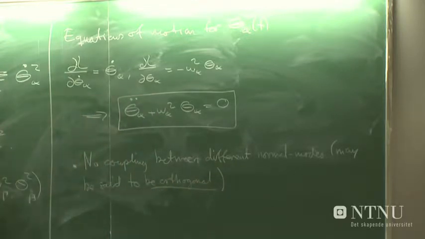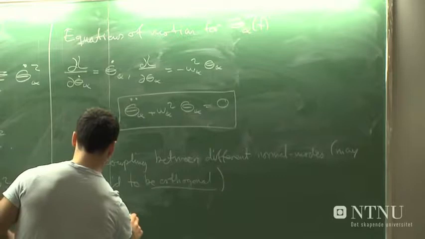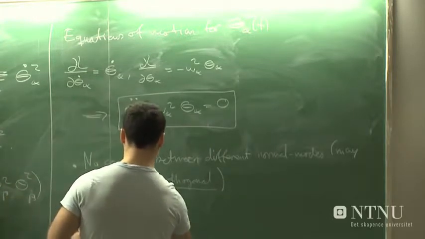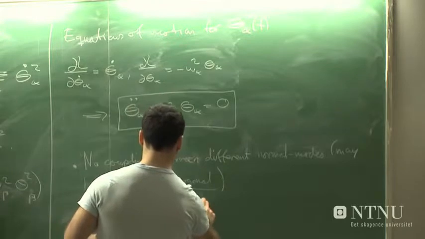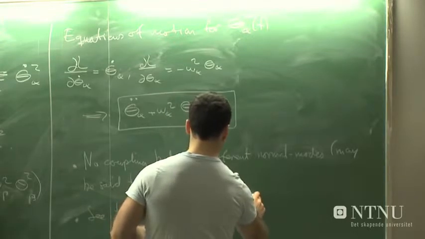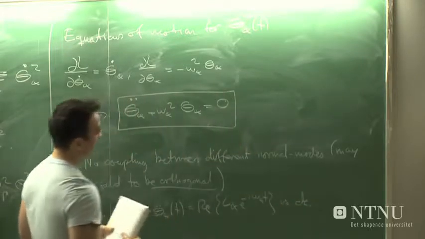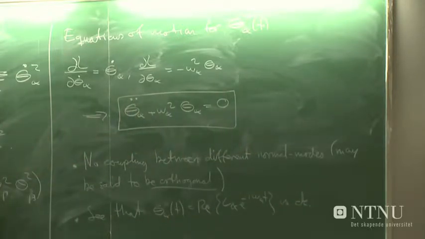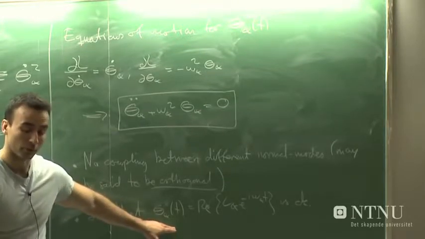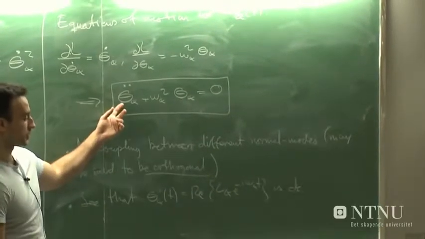So first of all, there's no coupling, so we can say that the normal modes in the system are orthogonal to each other. And importantly, we see that the way we wrote the general form for these normal coordinates previously, like this, is fully consistent with this equation of motion.